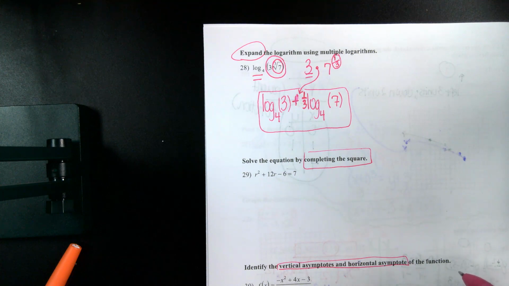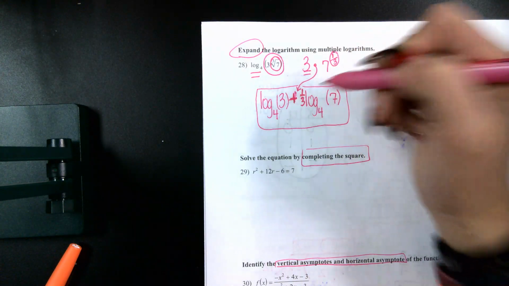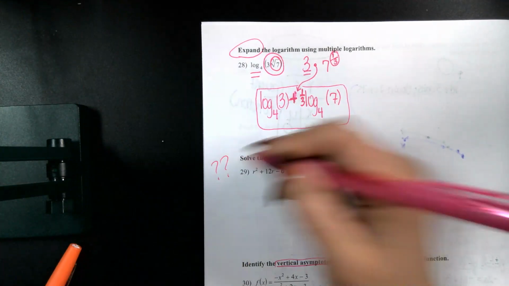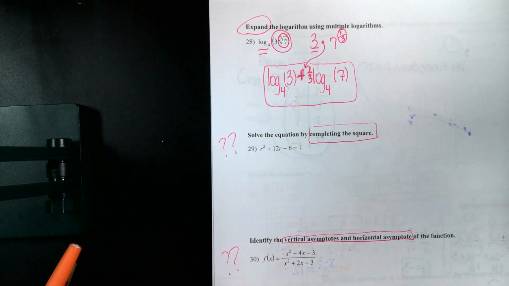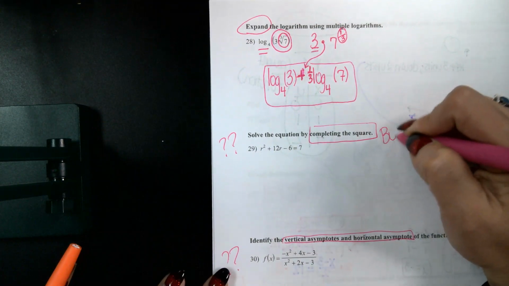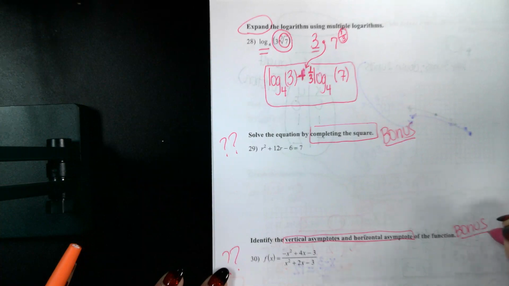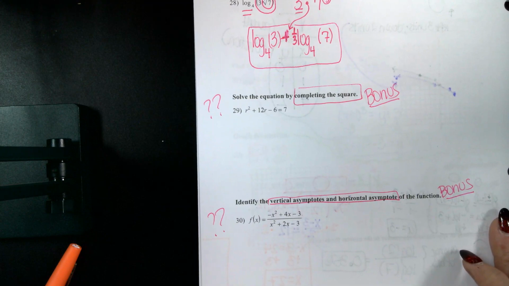Now, they are on the final, so they were supposed to have been done at some point, but I guess we just didn't get there. I'm going to show them to you, but I can tell you right now that they are going to be bonus problems on your final, because we never did have lessons on either one of these. So I'm going to show you how to do it.